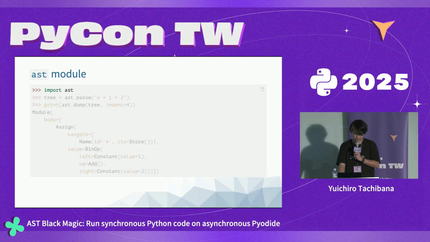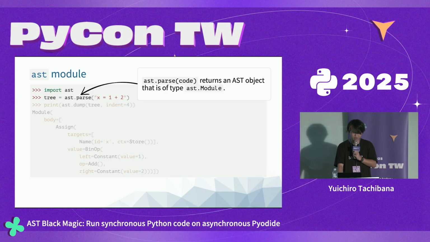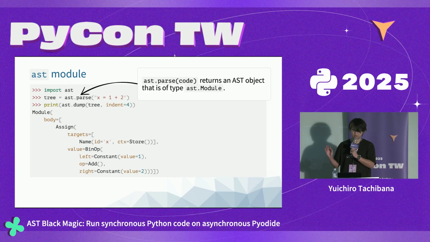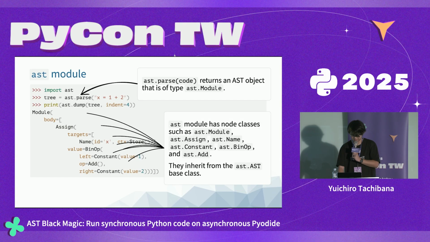Once you import the ast module, you can use the ast.parse method to get the AST from an arbitrary Python script. Once you pass the Python code as a string literal to this method, you get the AST as a Python object. That sounds interesting. Then you can check its content by using ast.dump. Then you will see the content of the AST like this.